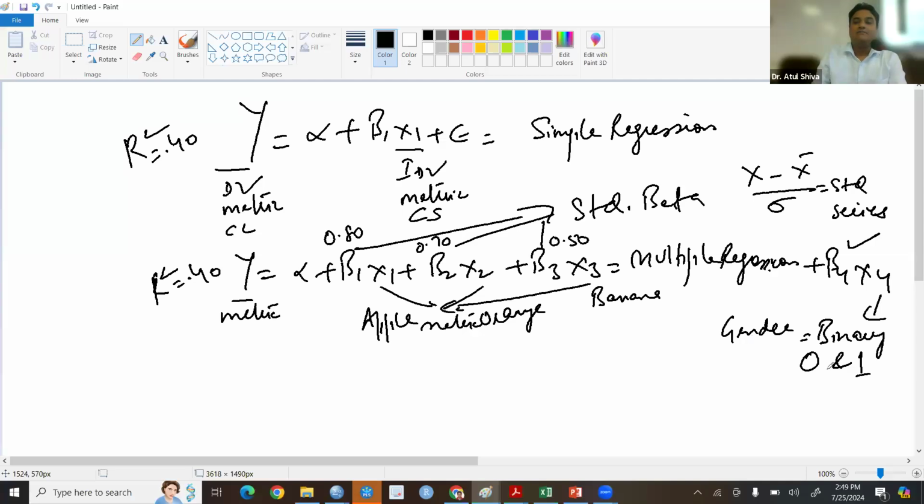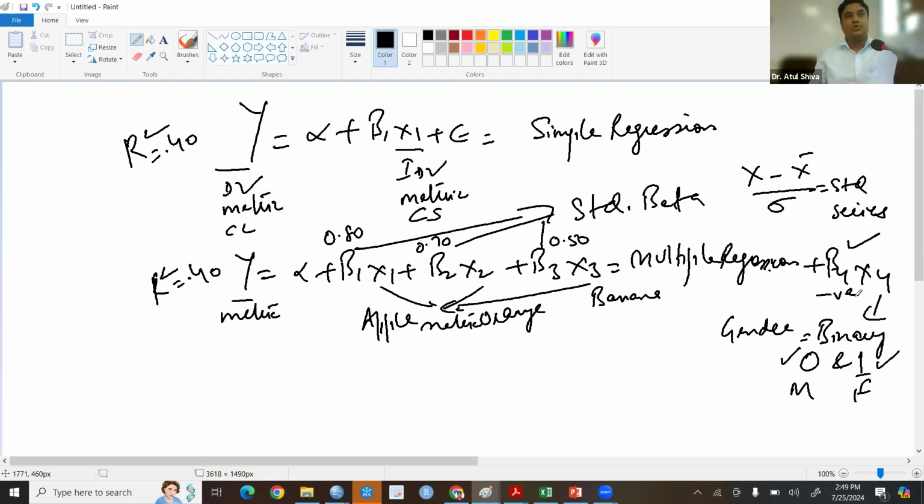It will tell whether 0 is more active or 1 is more active. 0 means male, 1 means female. I have coded like this. So I can only tell with the help of beta. If the beta is minus, it is representing the 0 category.